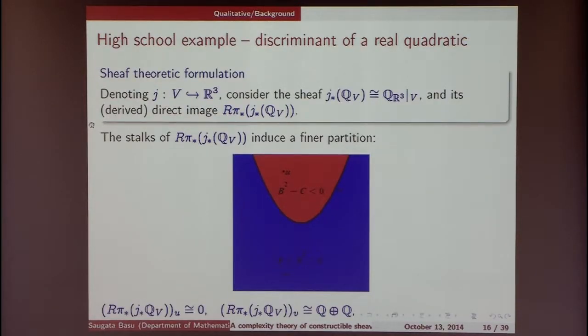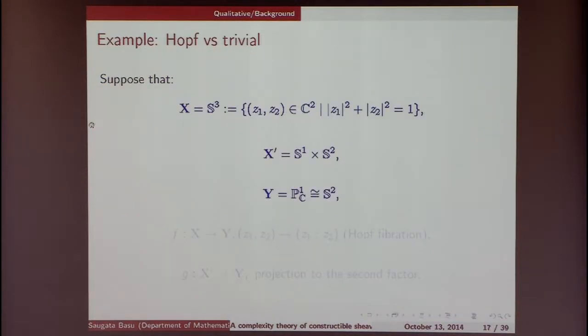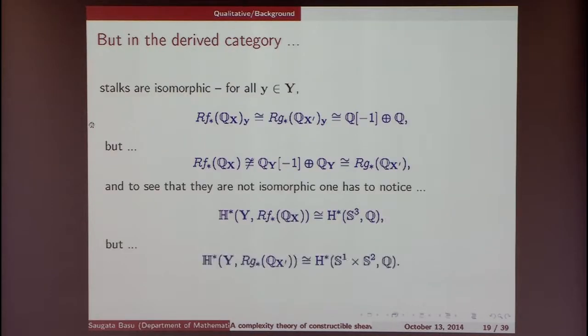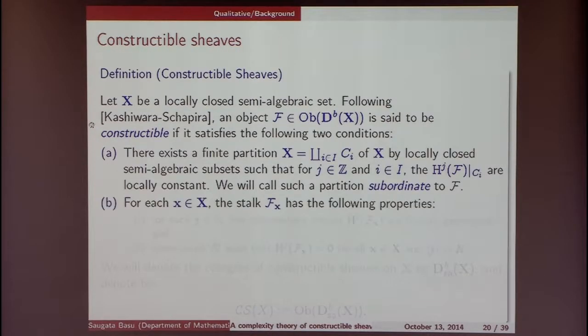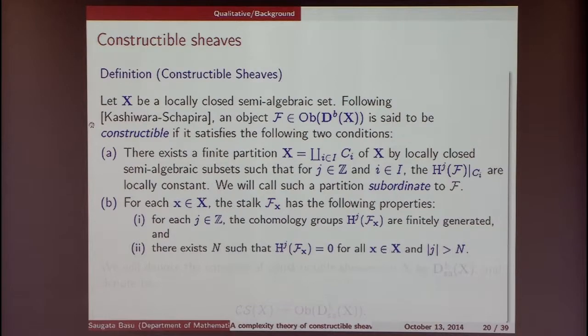You take this sheaf, a constructible sheaf on R2, and on these three parts all the homologies are locally constant. And we have some kind of finiteness of the stalks. So the cohomology groups should be finitely generated, and they should vanish outside some big set.